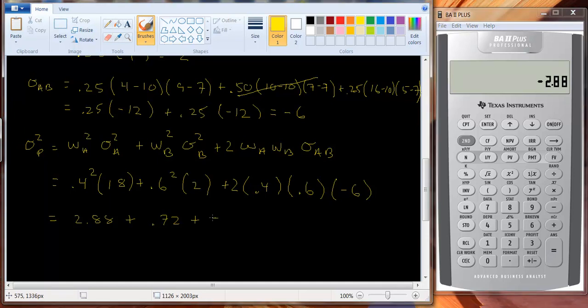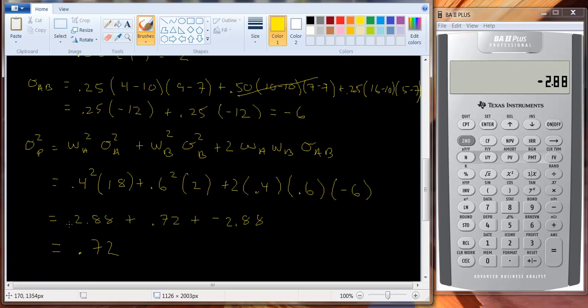Oh, I didn't really plan for it to come out that way. These two numbers are going to cancel each other, so we get a portfolio variance of 0.72. Gee, look at that. That's really nice.